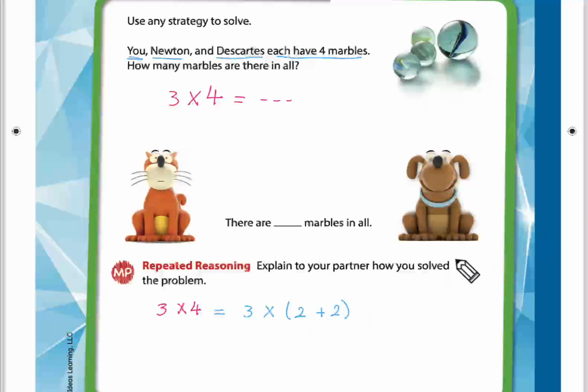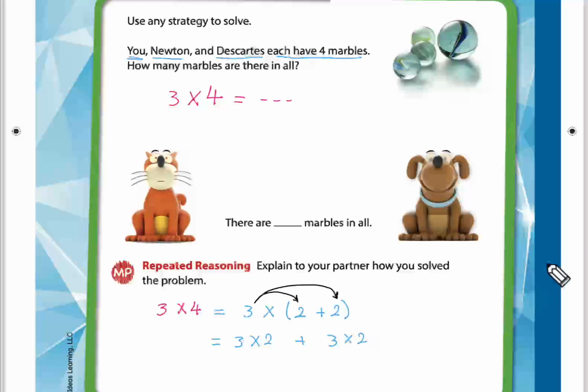Then use the distributive property. Do you remember how we use it? Multiply the 3 by the first number and multiply the 3 by the second number. So we have 3 times 2, the first 2, plus 3 times 2, the second 2.